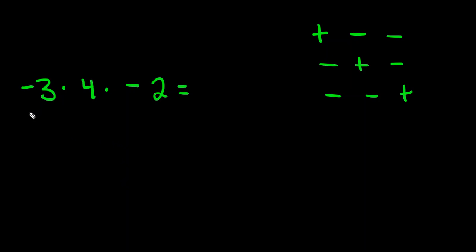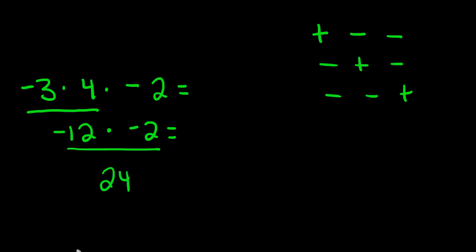So let's do -3 times a positive 4. A negative times a positive is a negative. So that's going to be a -12 times a -2. I have a negative times a negative. That's going to give me a positive value, and 12 times 2 is 24.